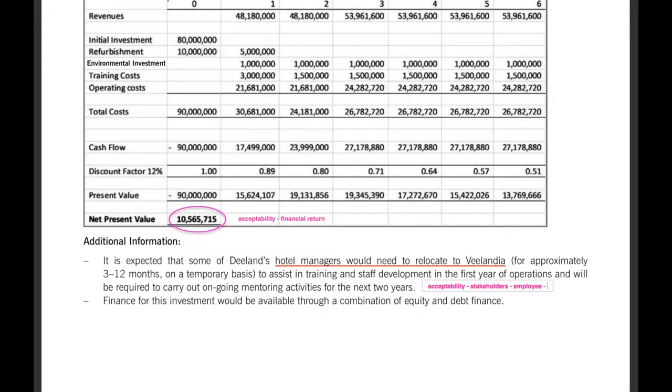You can talk about the risk of not wanting to relocate to Finlandia.